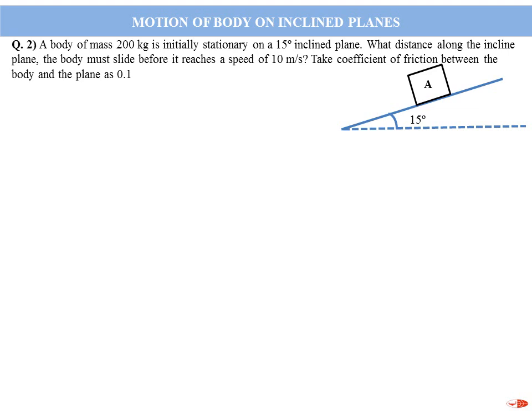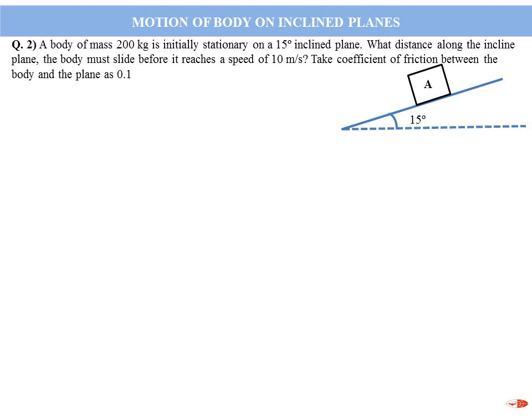Now how will you find the displacement? If v and u are given and nothing is mentioned about the time, the only equation you can use is v squared equals u squared plus 2as. But in that equation you should know the value of a. You cannot take g or a component of g here, because the body is not sliding on a smooth surface, it is sliding on a rough surface.